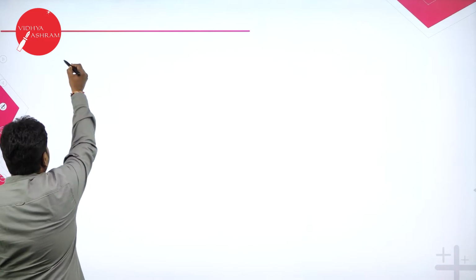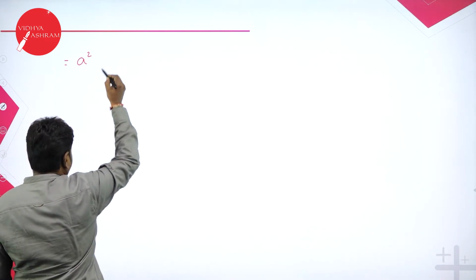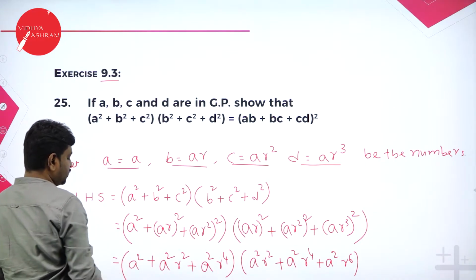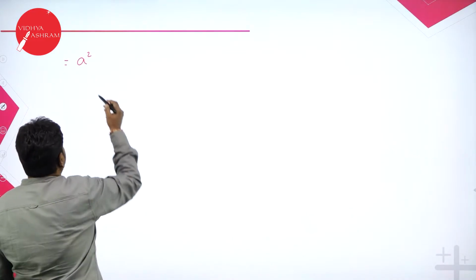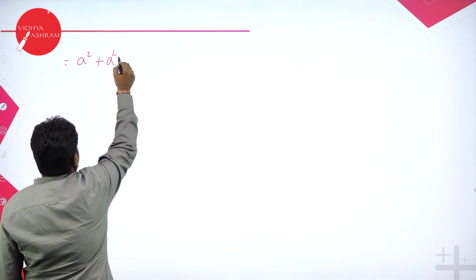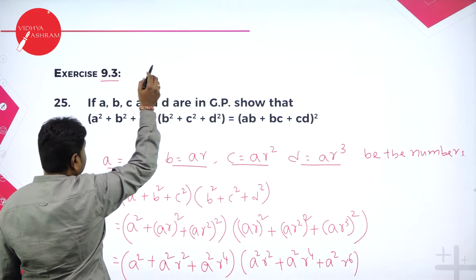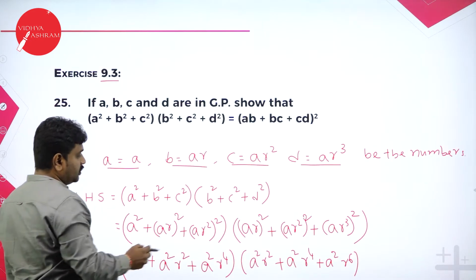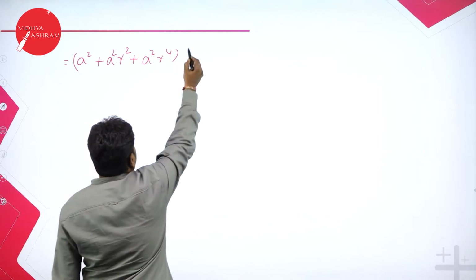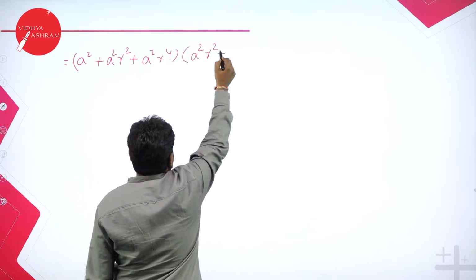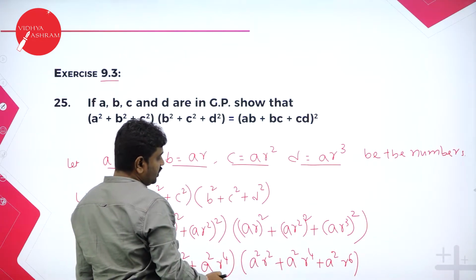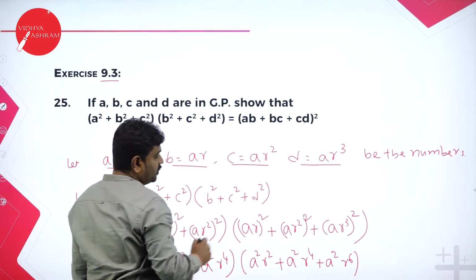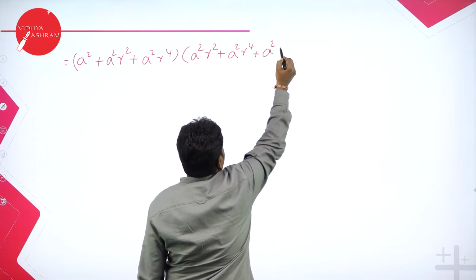See here, first I will write the same term: A square plus A square R square plus A square R power 4 into A square R square plus A square R power 4 plus A square R power 6.